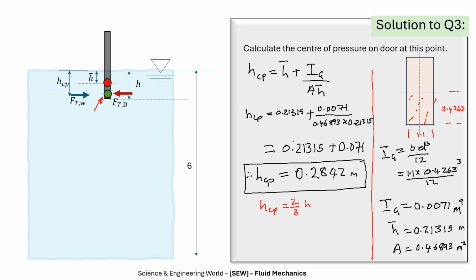So we now say this is equal to 2/3 times H, which is 0.4263, and putting all that into the calculator, we also obtain the same value, 0.2842. So we have the same center of pressure.